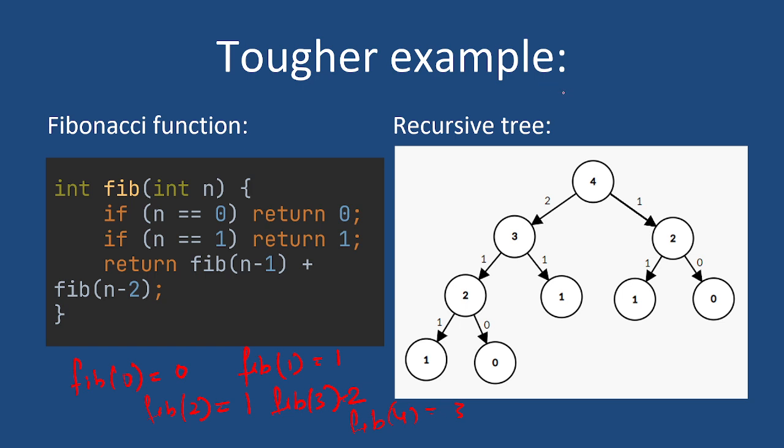Let's say the time complexity for fib of n is T of n, a variable, right? And the time complexity for fib of n minus 1 will be, a little louder, T of n minus 1 plus T of n minus 2.